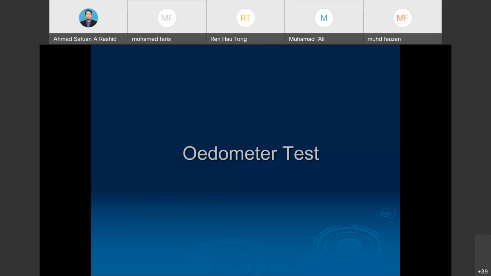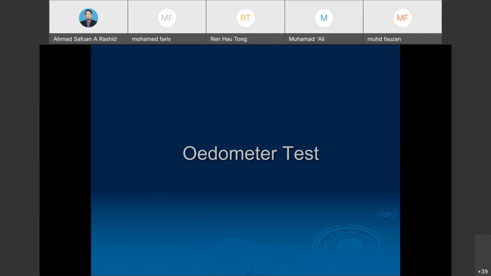Why do we call it a stress control test? Because we rely on the load applied on the soil. I will explain in detail later what stress control means. For example, we apply 50 kPa of stress on the soil for 24 hours.